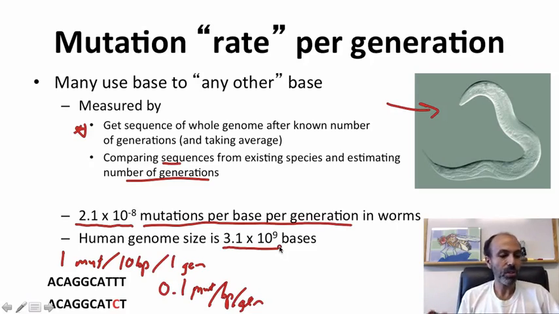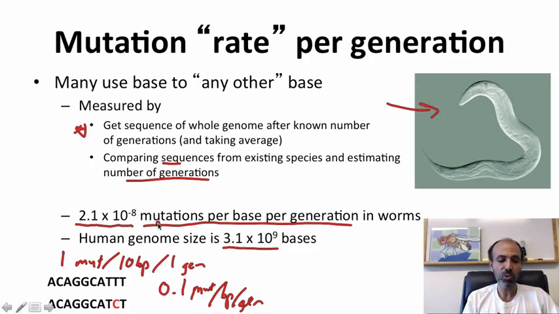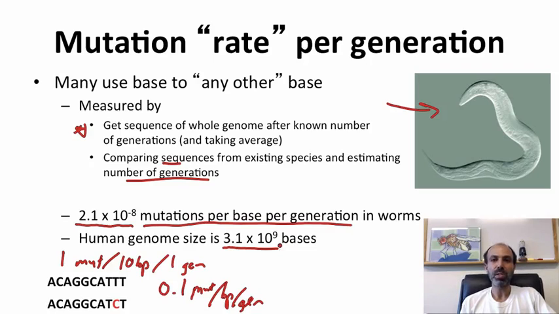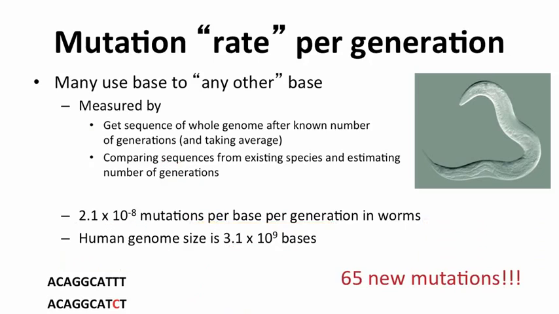So if you just extrapolate directly from this mutation rate to this genome size, how many mutations on average would you expect individuals to get in one generation relative to their parents? The answer from this is 65. So that is not a small number of new mutations, right?